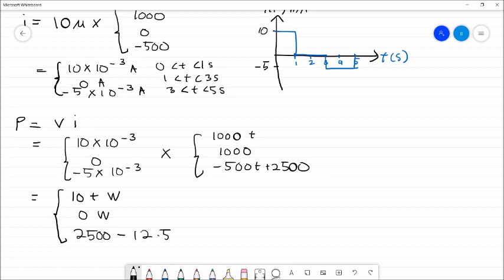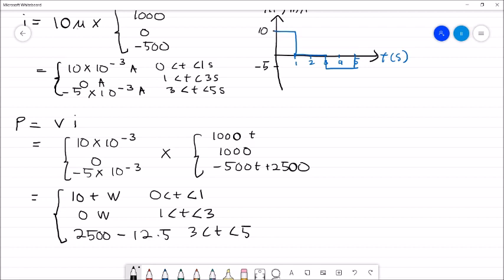Here it is for the intervals of 0 to 1, 1 to 3, then 3 to 5.